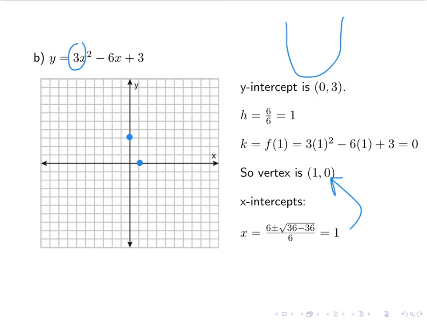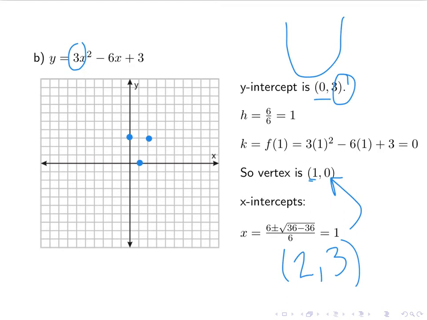I know that my y-intercept in the x direction is off by 1 from the vertex, going from 0 to 1. So if I go 1 again away from the vertex, I will have the same y value. So if I go 1 more in the x direction, which is 2, I'm going to have the same y value that I have in the previous direction. So I know that 2, 3, oops, right around there is also on my graph.